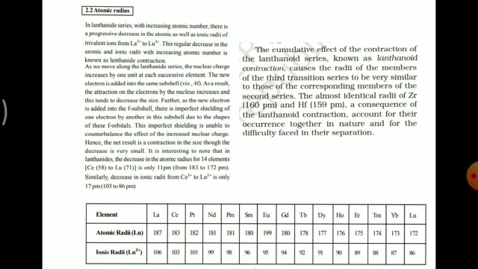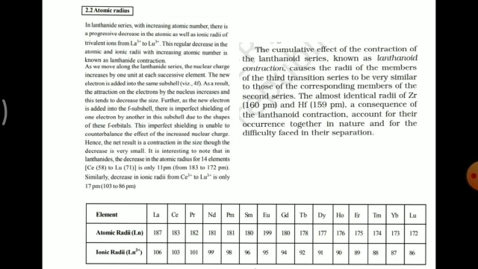One more consequence is, all the lanthanides have quite similar properties and are difficult to separate. Since all lanthanide elements have almost similar properties, it is difficult to separate them from each other. But due to lanthanide contraction, there is slight variation in the properties.